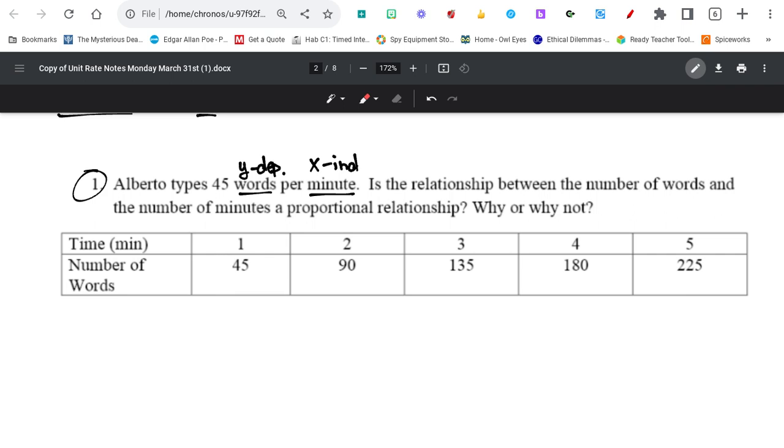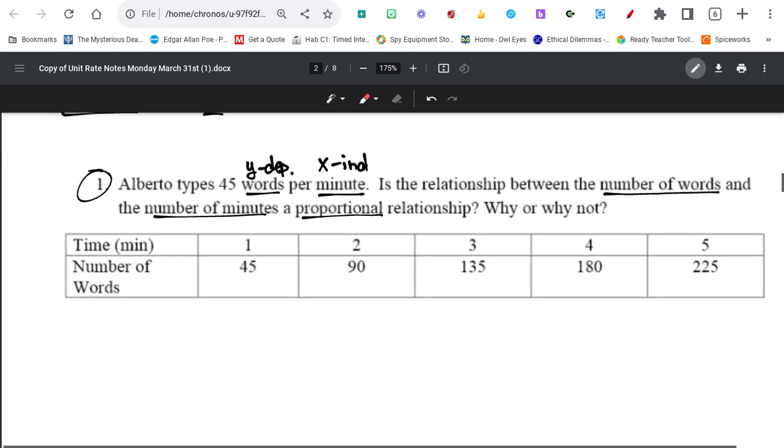It goes on to ask, is the relationship between number of words and the number of minutes proportional? Why or why not? So let's take a look at this table. I know that in this table time must go by first, so minutes has to be x, and words has to be y. So I'm going to label it as x and y in the table.